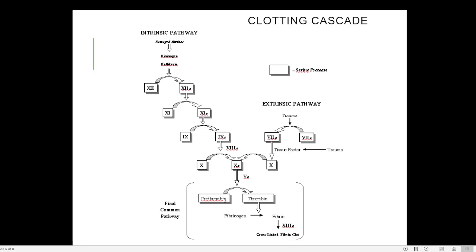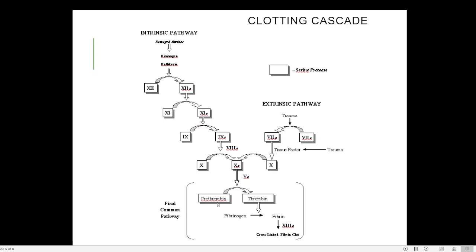So thrombin is not normally present in the blood, only prothrombin is present. That is in an inactive form, that is, it doesn't have any activity. When prothrombin is converted into thrombin, it will act on fibrinogen, converting it into fibrin. So that is the mechanism by which blood clotting takes place.